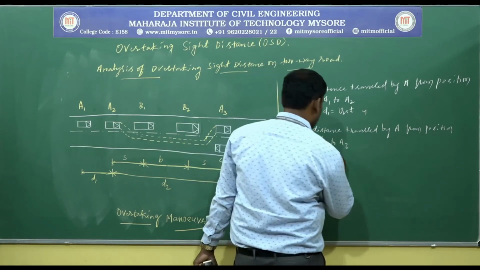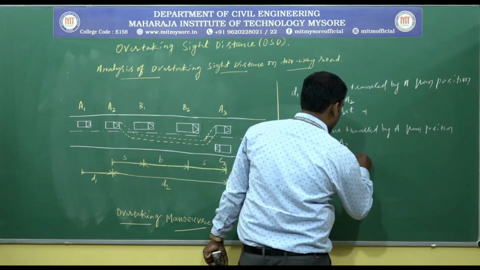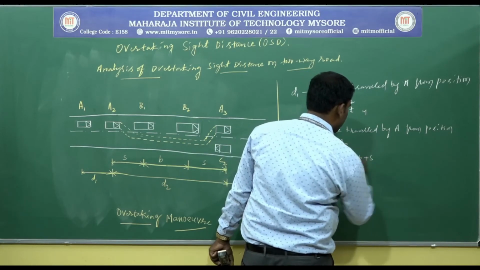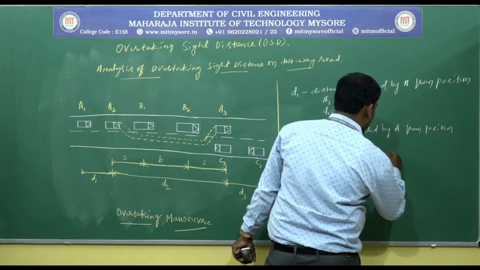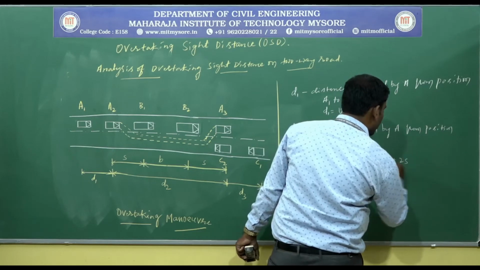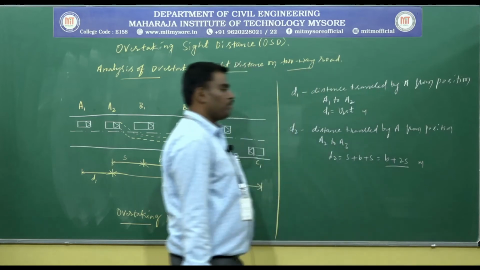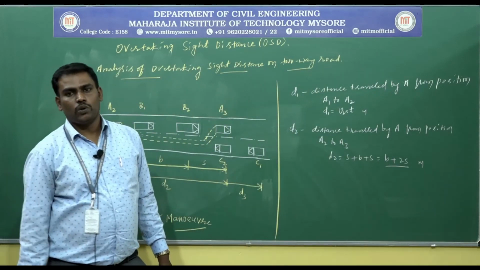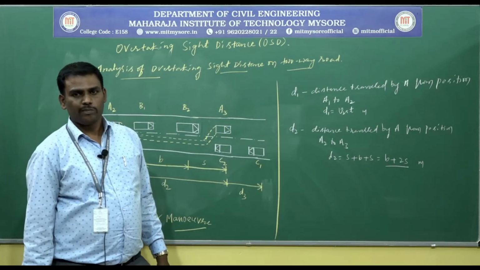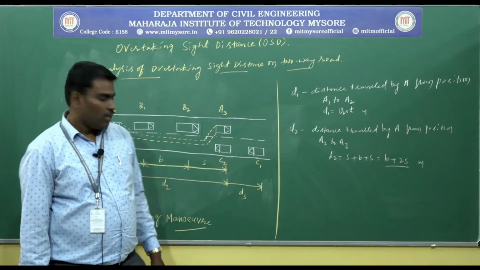D2 is equal to S plus B plus S. We can write this as B plus 2S meter. Is it clear?